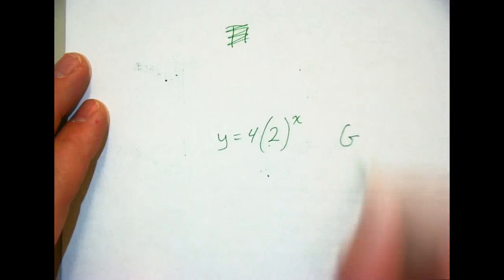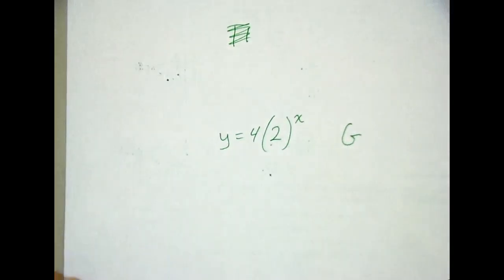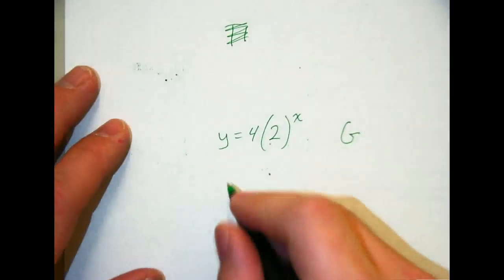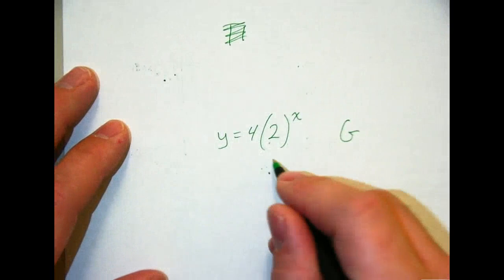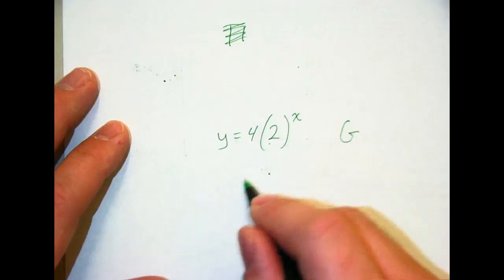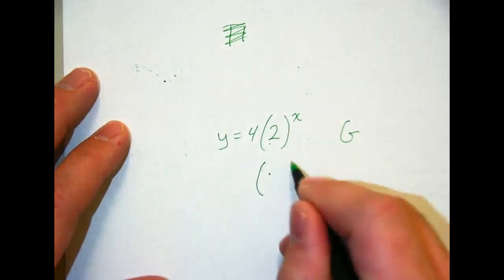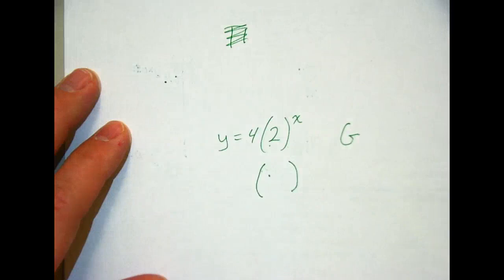Or growth, what am I growing by? Yeah? 1. Everyone agree it's 1? Tell your neighbor how you get 1. That's because growth is supposed to be greater than 1, since it's 2.